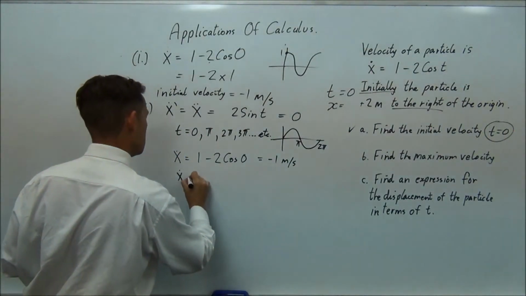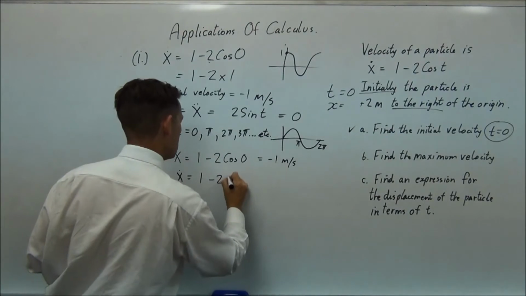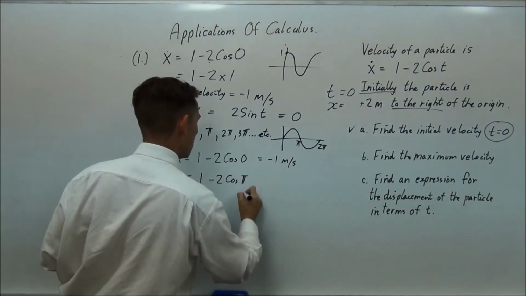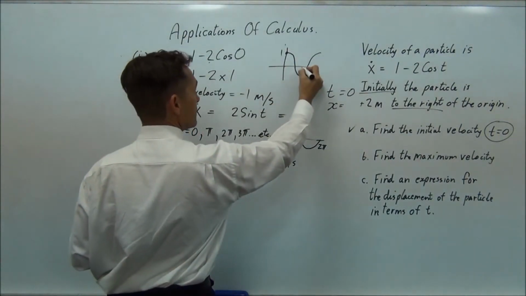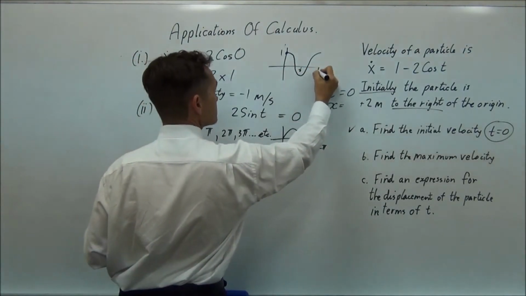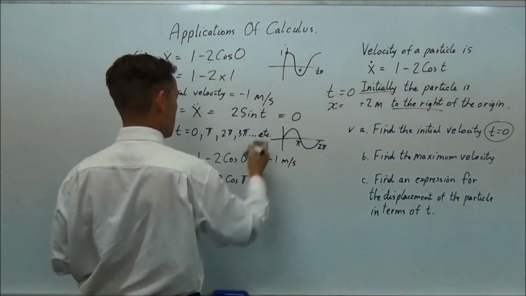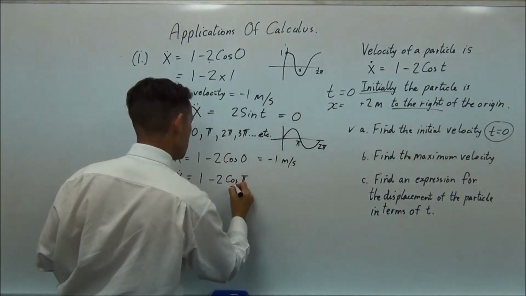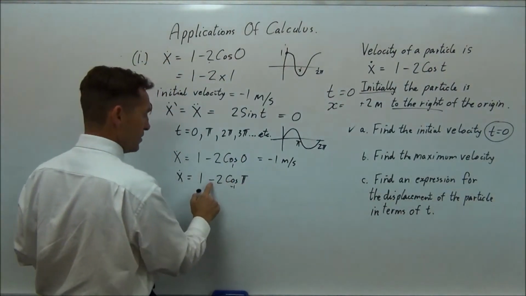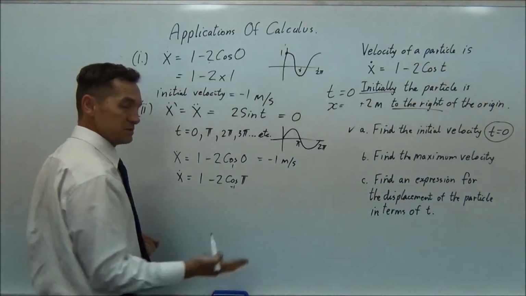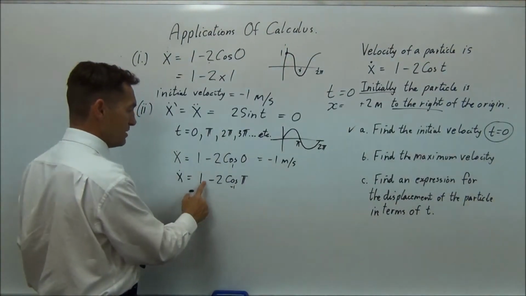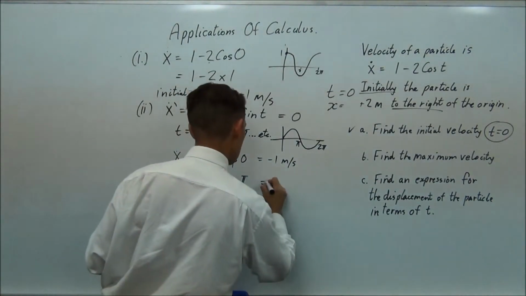So x dot equals 1 minus 2 cos pi. Let's have a look up there. There's pi. There's 2 pi. If we put in cos pi, we're going to get minus 1. So this will equal minus 1. Minus 2 times minus 1 is 2. So 1 plus 2 equals 3.